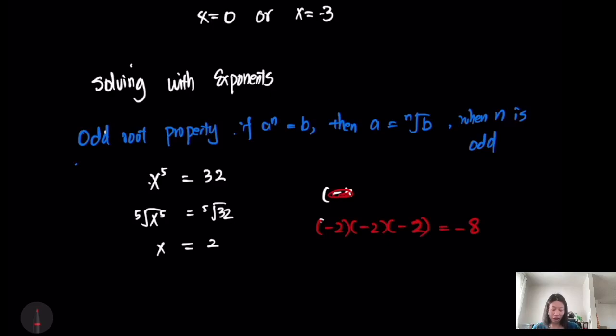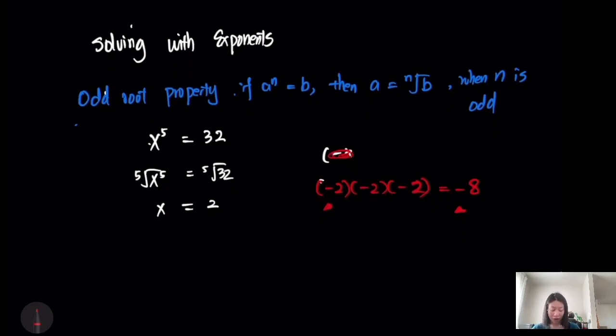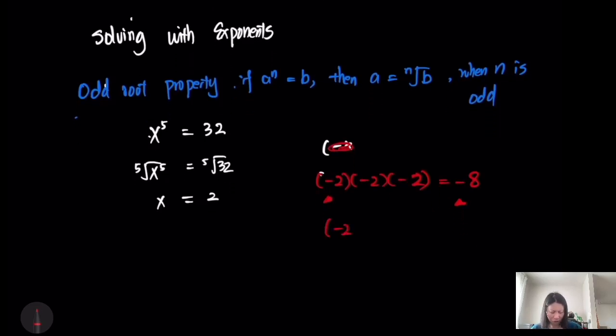In that case, if you take an nth root on both sides, the negative or positive sign should remain the same, because if it's an odd root, the sign would not change. However, if you see an even power, I should say, and then I have negative 2 times negative 2 four times, you will end up with a positive number.